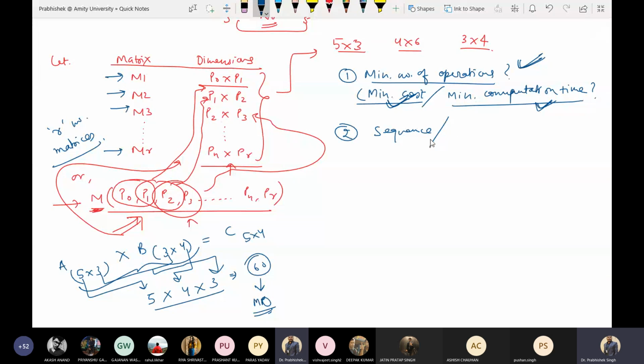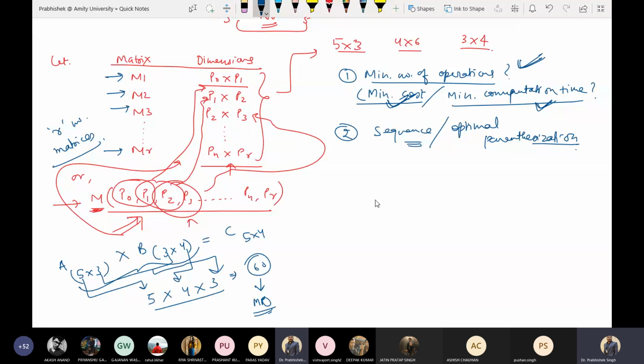So you will calculate that, and they will ask you one more question: while getting this minimum number of operations or minimum cost, what is the sequence of multiplying all these matrices? Meaning, what is the optimal parenthesization?